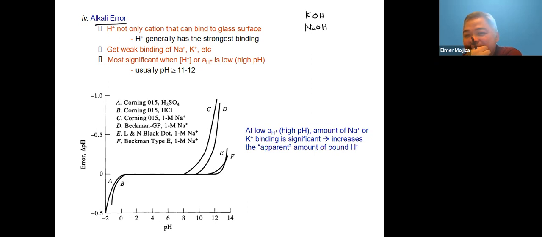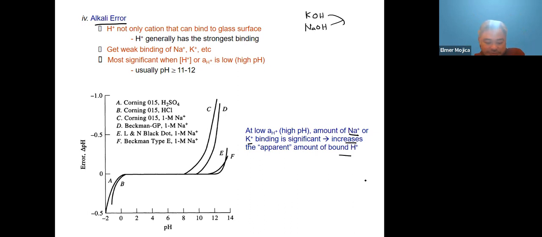So at high pH, you have a very low activity of your hydrogen because the one that you have there is either Na plus or K plus kung saan man nanggaling yung base mo. So amount of Na plus and K plus binding is significant. So ano nangyayari dito? It increases the apparent amount of your bound H plus.